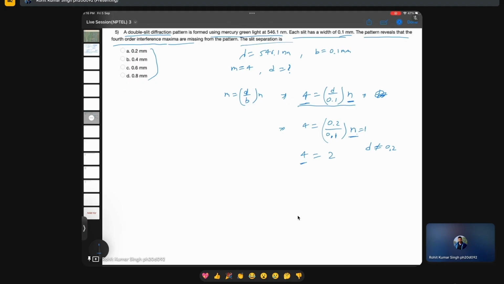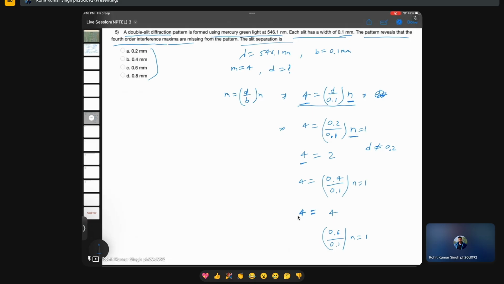Yes, sir. Yeah. And then the next option, which is 0.4. So if you put 0.4 here, then this is satisfied with n equal to 1, right? Because you get 4 here and 4 here. Okay. Similarly, you can check for the third option also, like 0.6. For 0.6, n equal to 1 will not satisfy.